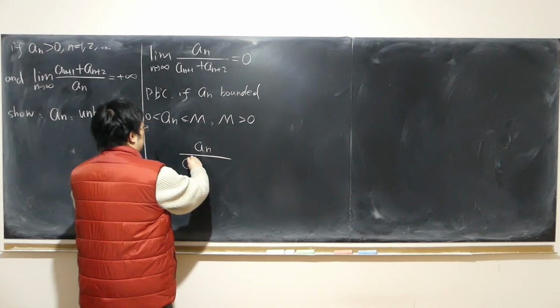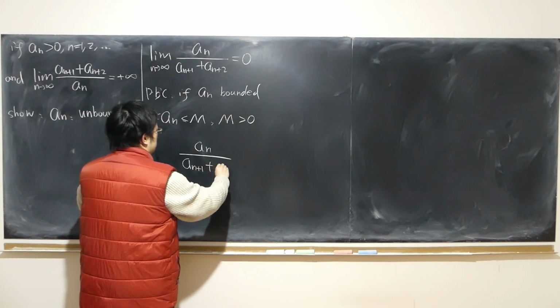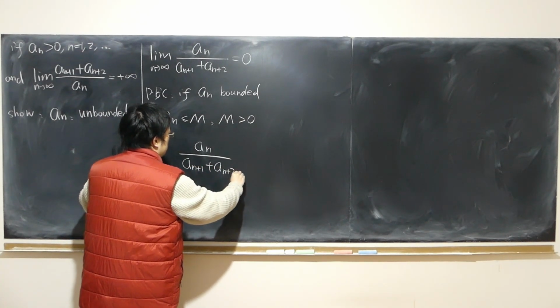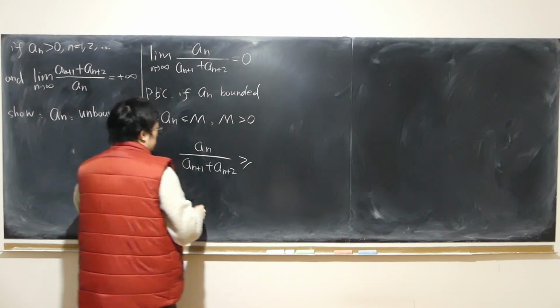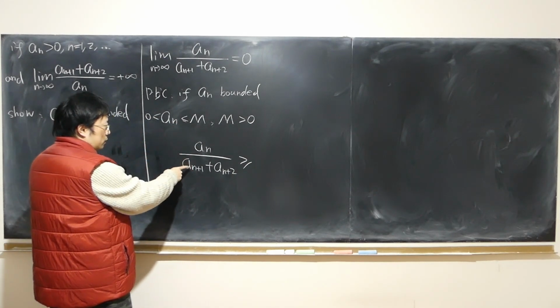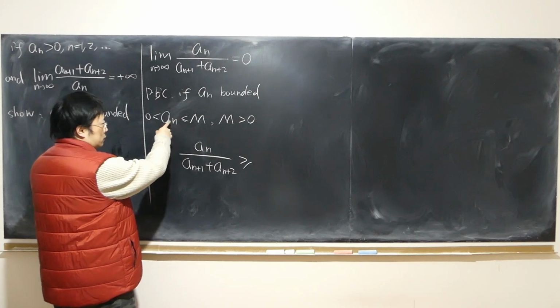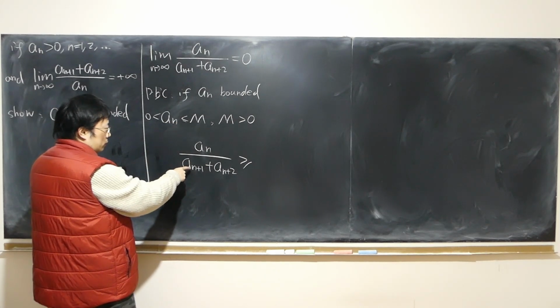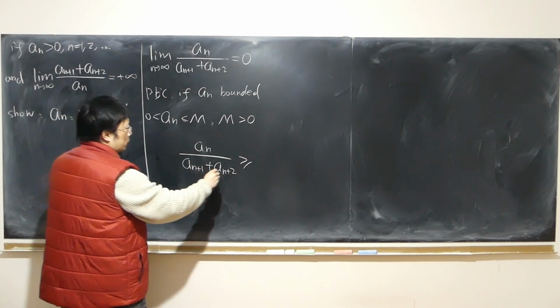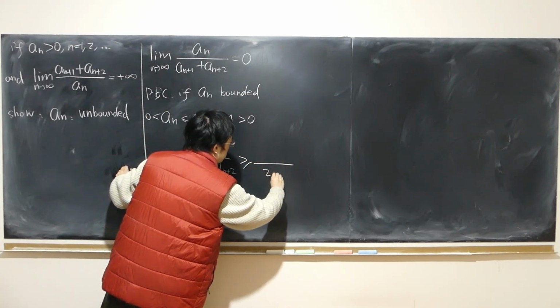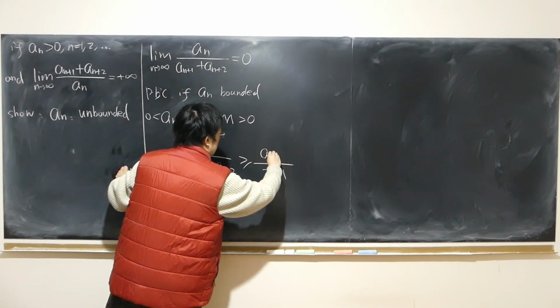So a_n over (a_{n+1} + a_{n+2}) is bigger than or equal to, I replace the denominator with m, because it is less than m, so the reciprocal is bigger than or equal to 1/m, so bigger than 1/(2m).